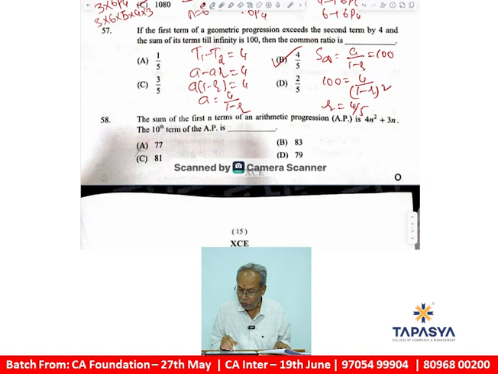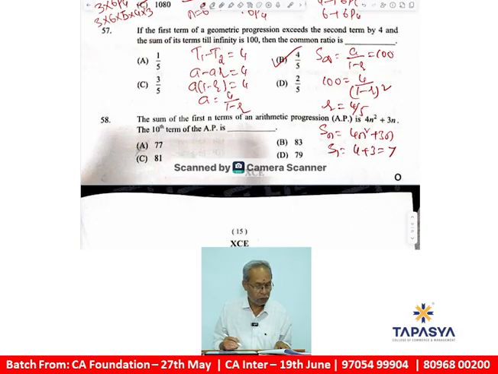Next, the sum of the first n terms is given. So Sn equals 4n square plus 3n. Put n equal to 1, S1 equals 4 plus 3, that is 7. So the first term is 7. Next you have to find the 10th term. The common difference, we have the formula 2a, if Sn is of the form a n square plus b n plus c.